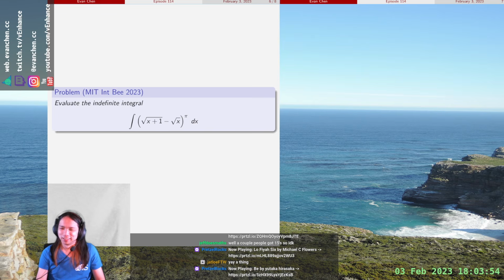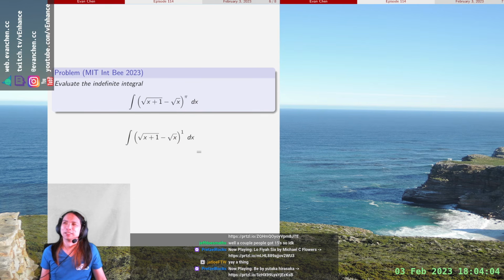Alright, so if pi equals 1, and please don't quote me on that, unfortunately, I don't know what the integral of square root x is either. Shit. 2/3 x to the 3/2, right?